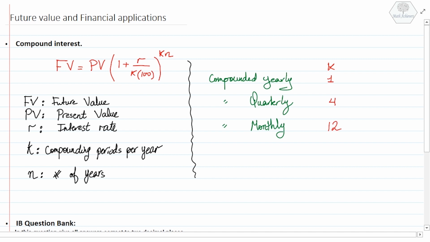So if I compound yearly, it means I compound once. Quarterly, I compound each 3 months, so per year I compound 4 times, so the value of K is 4. If it's monthly, then the value of K will be 12 because I compound 12 times. If I compound semi-annually, it means I compound each 6 months, then the compounding periods per year would be equal to 2. By this, I can find the value of K.